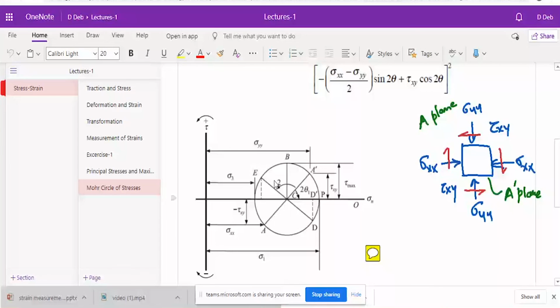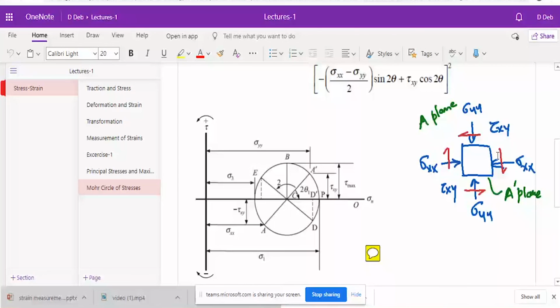From here to here will be your normal stress, and here to here will be your shear stress. From the shear stress, positive or negative, you will know which direction to give. If it is negative, you give negative; if positive, you give positive. So this is how you construct the circle of stress.